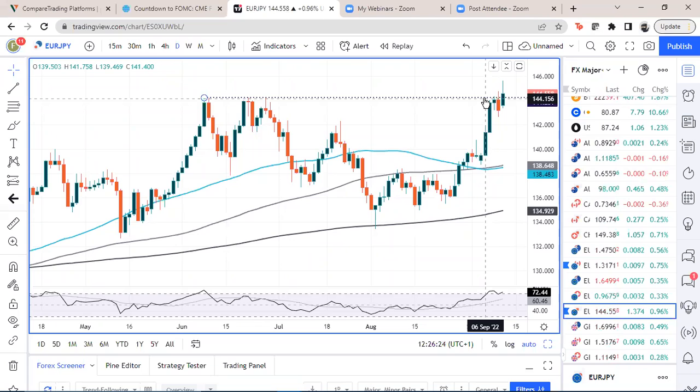So that might be a key focal point for markets potentially. And then these measures may allay fears around the euro recession, which many economists are predicting for the Eurozone.